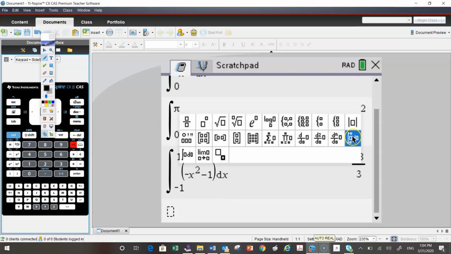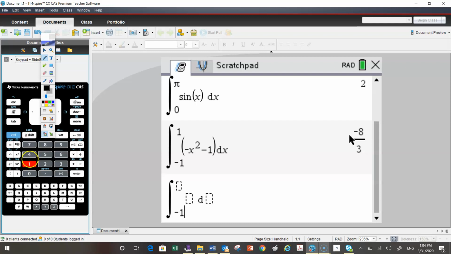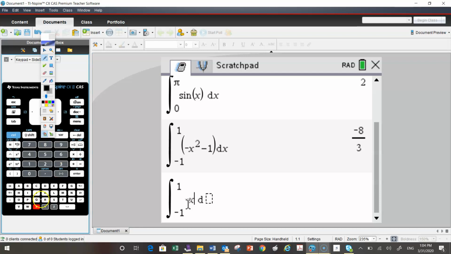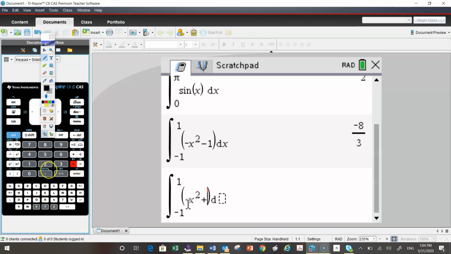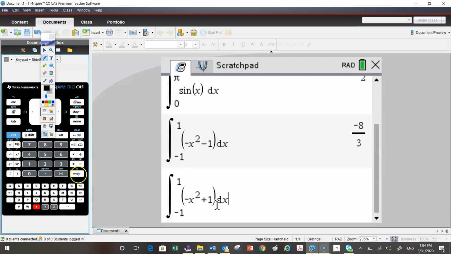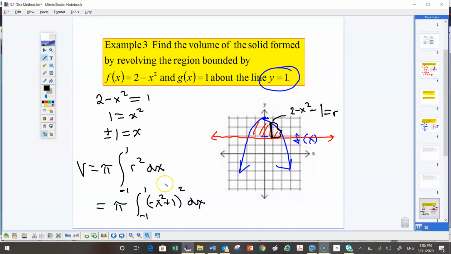So this is going to be -1 to positive 1, and my integrand is negative x squared plus 1 with respect to x, and now I should get an answer of 4/3. That's better. Now that's the answer to my integral, so if I times it by the pi, my volume is going to be 4/3 pi.